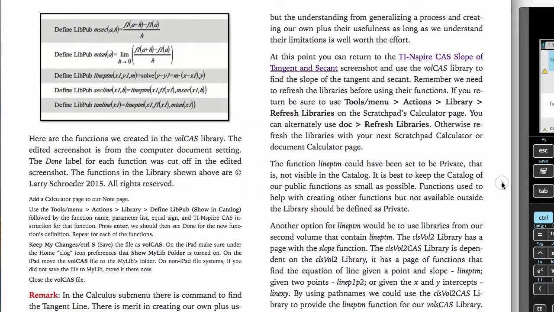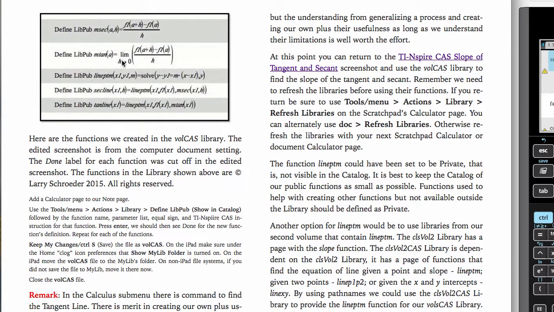Flipping to the next page, we see that when you type these in, this is the computer version of the software, a document form rather than a calculator form. It will also say done. But again, to make this print a little bit bigger, we cut off the done. So we define the secant line slope as f of a plus h minus f of a over h on a calculator page.